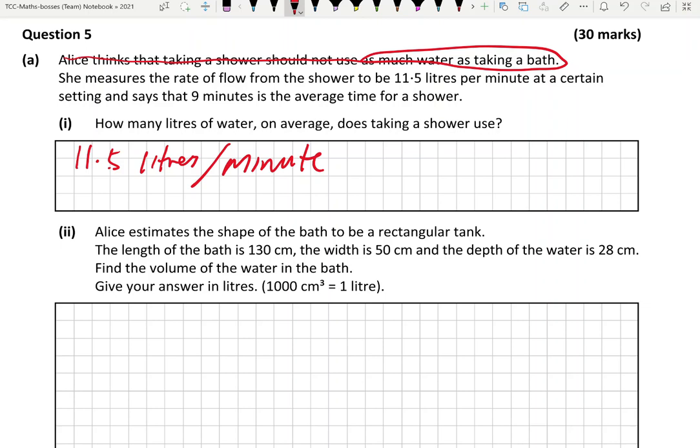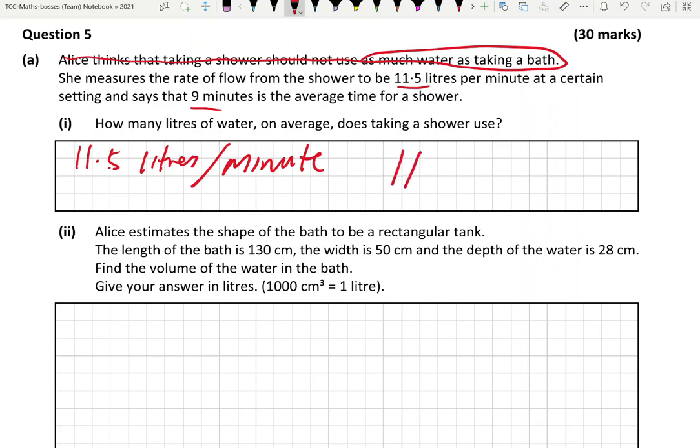So we have 9 minutes multiplied by 11.5, and that's based on Alice's measurement. So our strategy here is to multiply the time by the rate to find the change in volume.